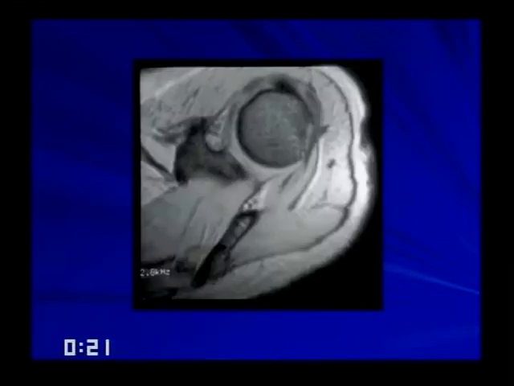Okay, so let's look at MRs of these glenohumeral ligaments. Here we can see the superior glenohumeral ligament coming off the superior labrum, and it joins with the coracohumeral ligament to insert on the humeral head. So if you can find this coracohumeral ligament, you can find the superior glenohumeral ligament.